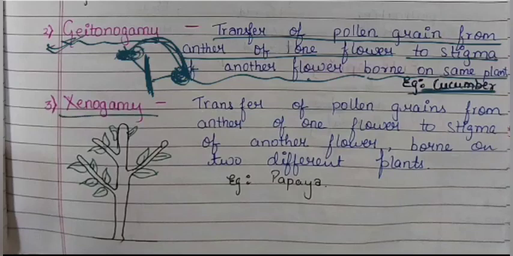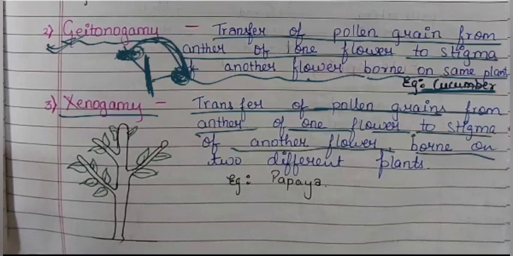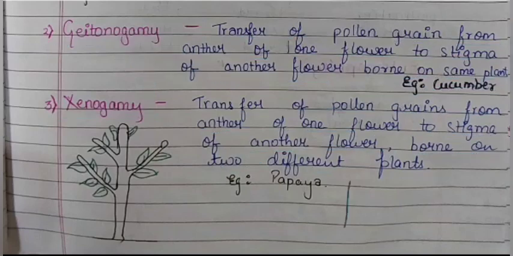Now coming to xenogamy, which is also known as cross-pollination, it is basically transfer of pollen grain from the anther of one flower to the stigma of another flower that is borne on a different plant. Suppose two different plants are here and pollination takes place between the flowers of these plants, it is known as cross-pollination.